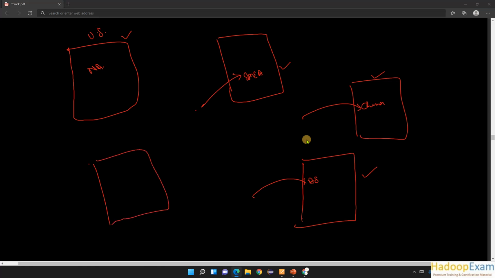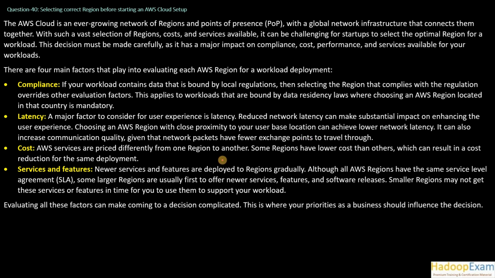So what would be my cause of concern here? It can be challenging for a startup to select the optimal region for the workload. This decision must be made carefully as it has a major impact on compliance, cost, performance, and services available for your workloads.